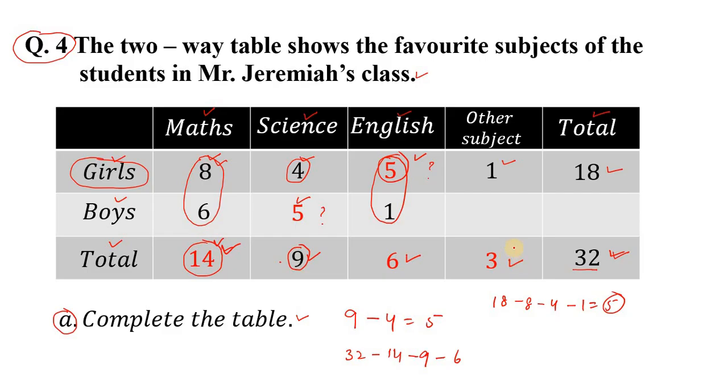And now we find these values: 3 minus 1 we get 2. This is the final answer. So the sum of these values, 6 plus 5 plus 1 plus 2, we get 14. This is complete the table.